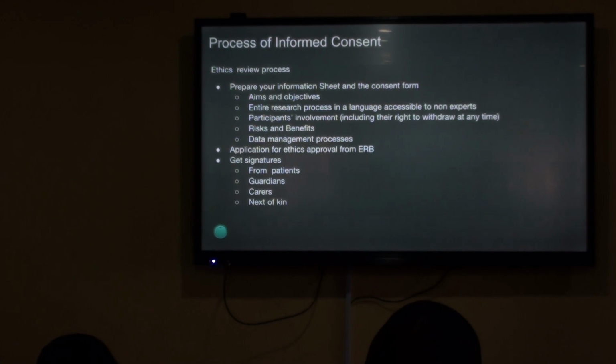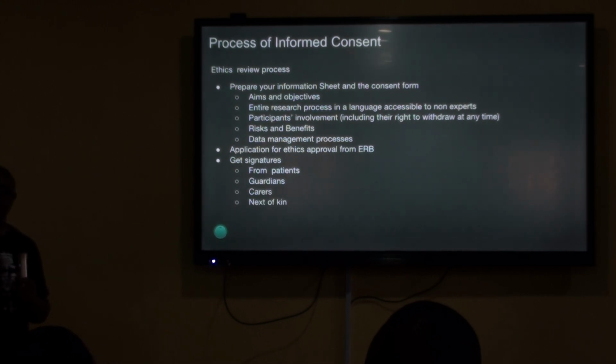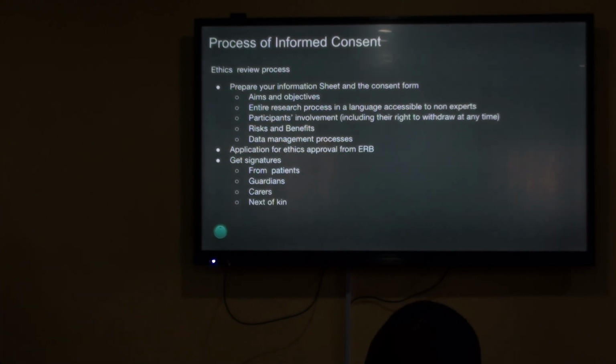And after you get approval from your institution, now you go to your patient. Actually, in the UK, you don't go to the patient unless you get your approval. I don't know how it is in Nigeria and other countries of Africa, but you don't talk to your patients or your participants unless you get the ethics approval.